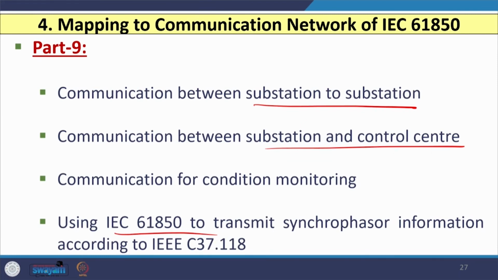All these issues related to communication between substation to substation, between substation to control center in case of condition monitoring or in case of transmission of synchrophasor information or data, are completely elaborated in part 9.